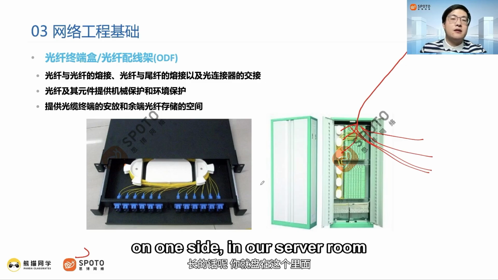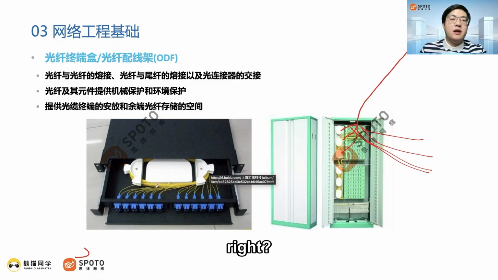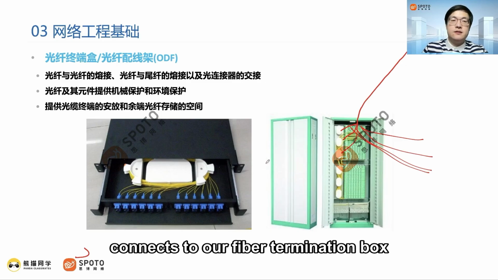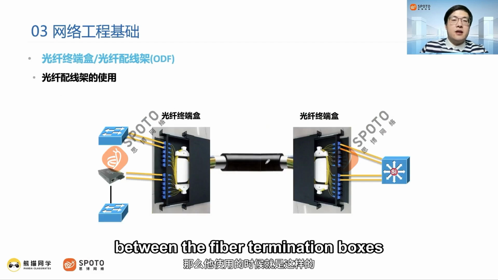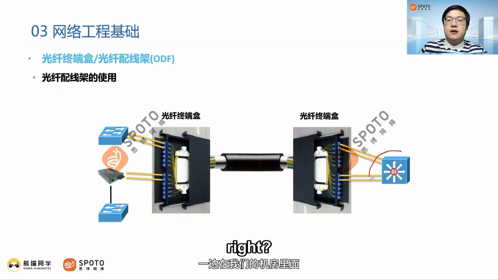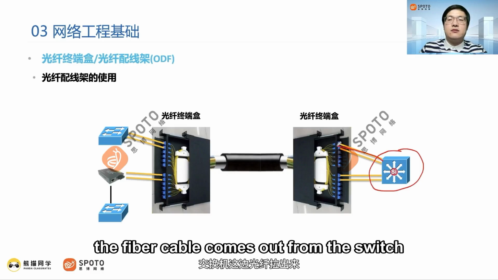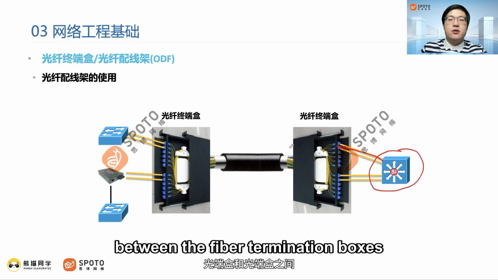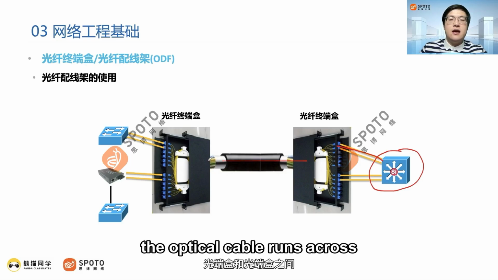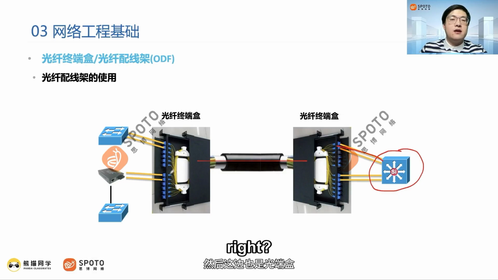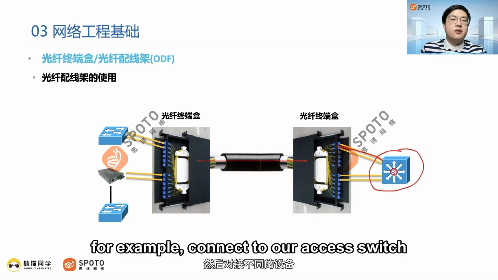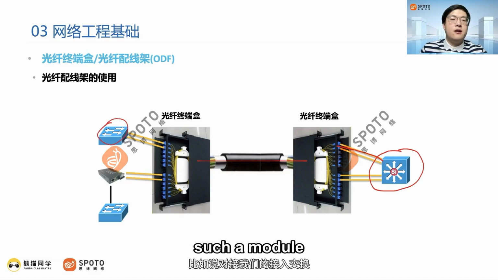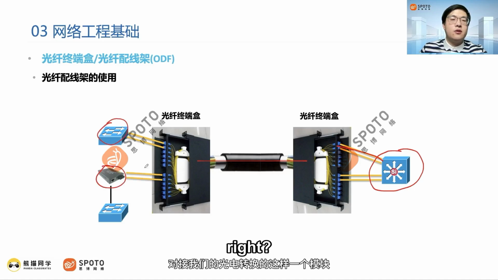On one side, this is our switch. The fiber cable connects to our fiber termination box. Between the fibers, there will be a fiber cable for our switch. On this side, we then connect to a different module, or to a media converter.